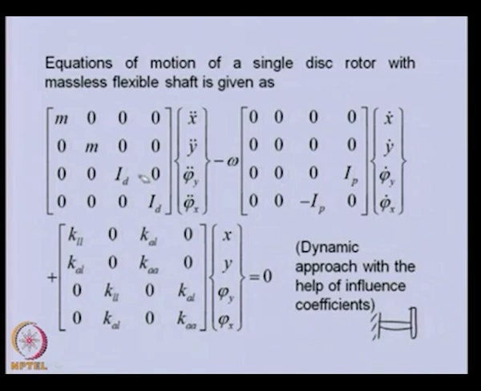This is the mass matrix, this is the stiffness matrix, which in turn we can get in terms of the influence coefficient matrix, that will be the inverse of the influence coefficient matrix, and this was the gyroscopic matrix. Now, we will be using this particular gyroscopic matrix in the finite element formulation.